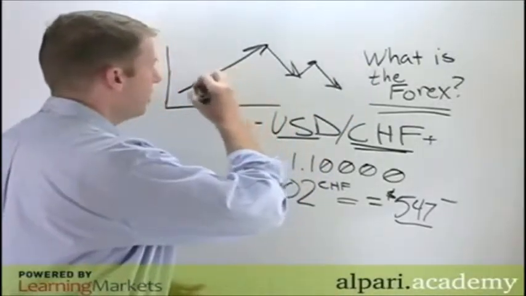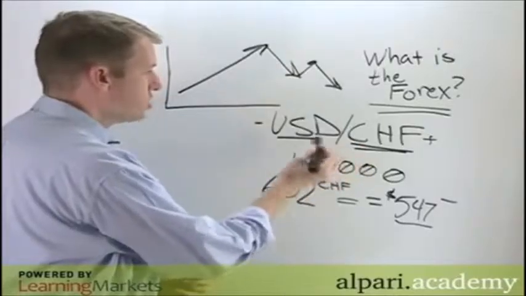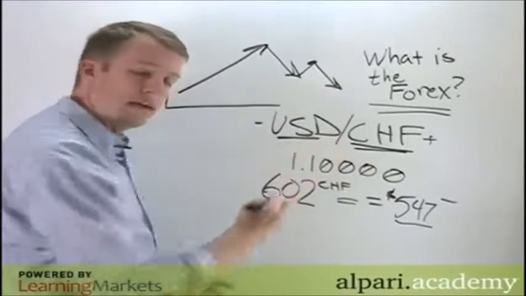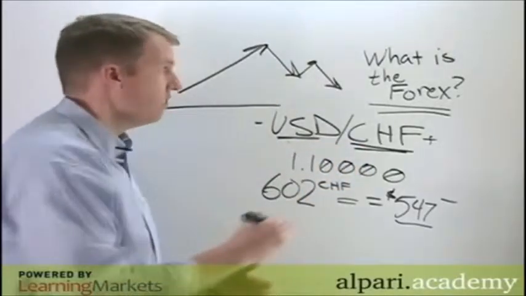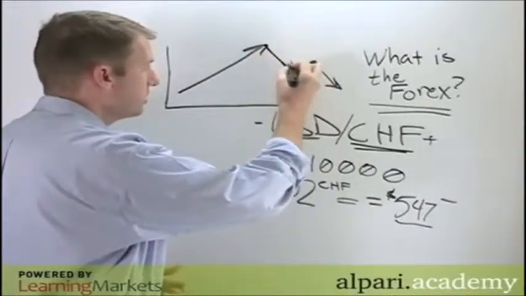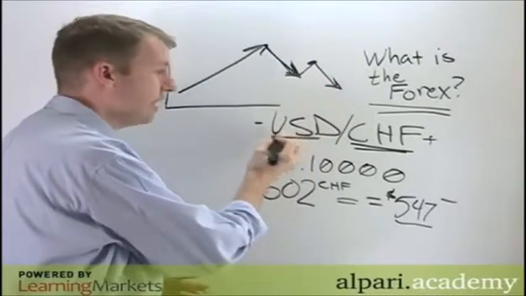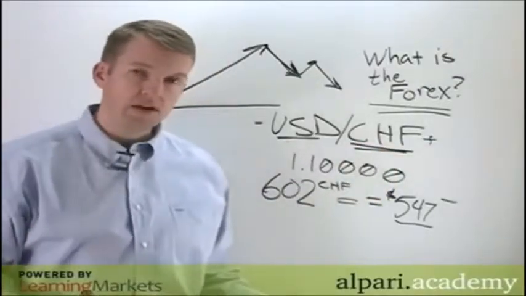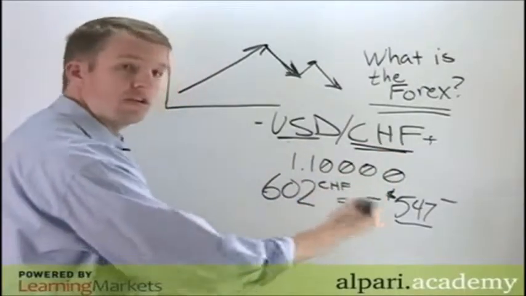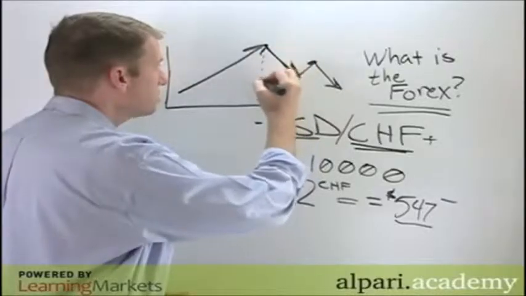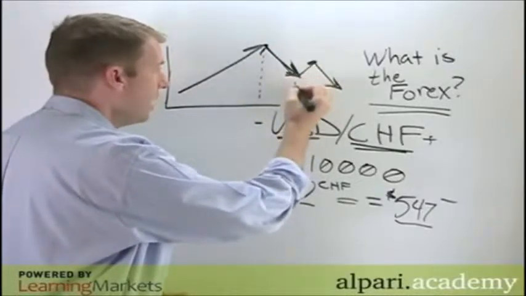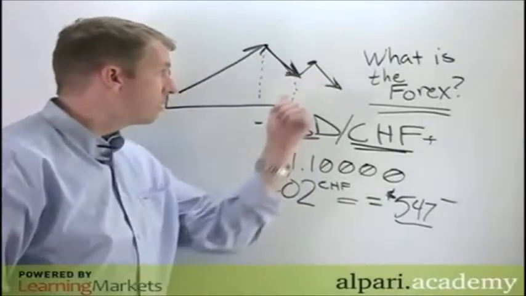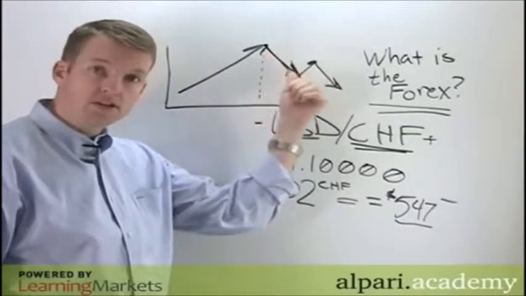Now, when you've got the trend going up, then what you know is that the currency on the left-hand side is appreciating in value. When the trend is going down, the currency on the left-hand side is depreciating in value, and the currency on the right-hand side is appreciating in value, which was the situation here. So if you could imagine it, it's almost as though we took our vacation right there and then decided to come home right there, where the franc was appreciating during that trend.